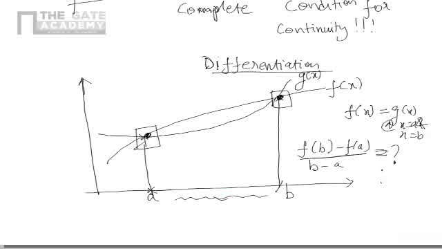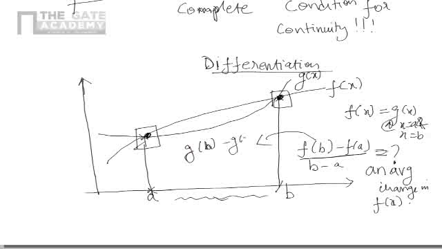This will give me an average change in f of x. Correct? Now this is the same as g of b minus g of a by b minus a also.